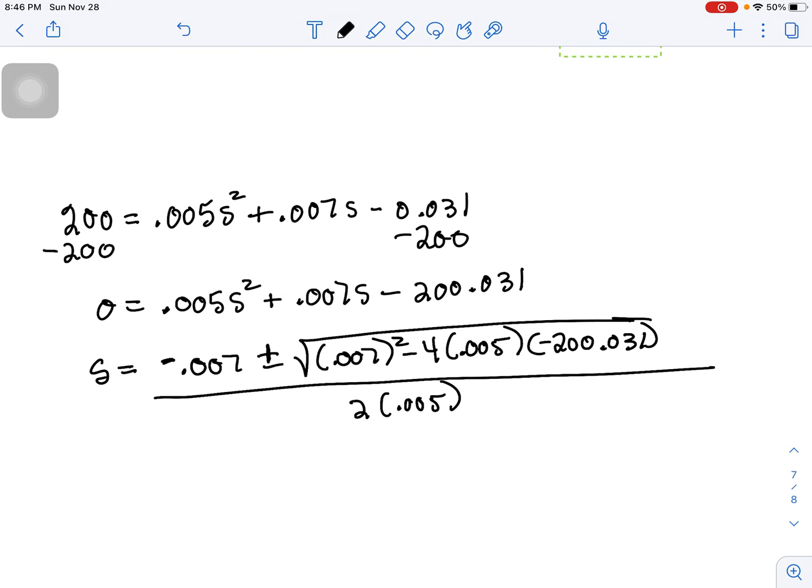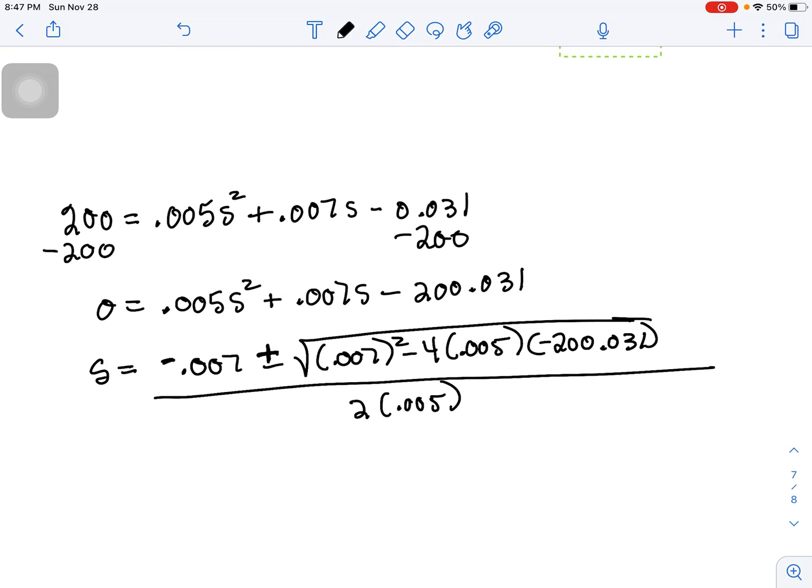Now you can only type in one at a time. So you have to start by typing in the plus first and then the minus second. So negative 0.007 plus square root parentheses 0.007 squared minus 4 times 0.005 times negative 200.031.